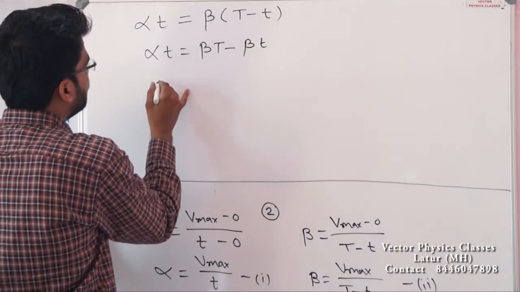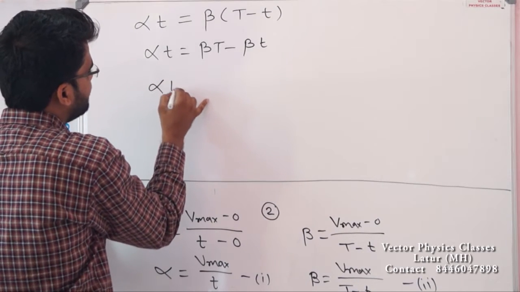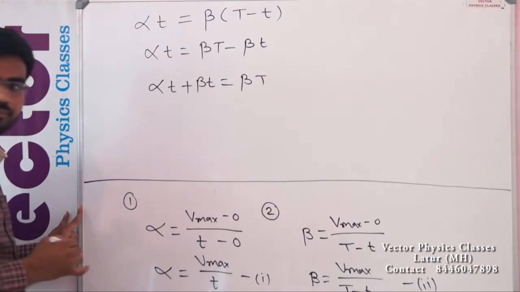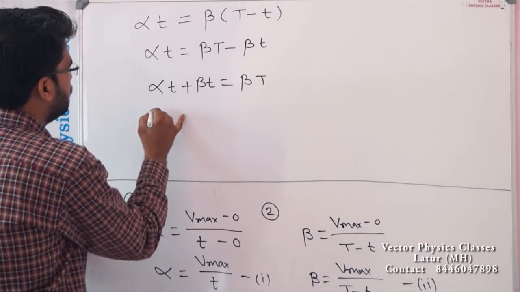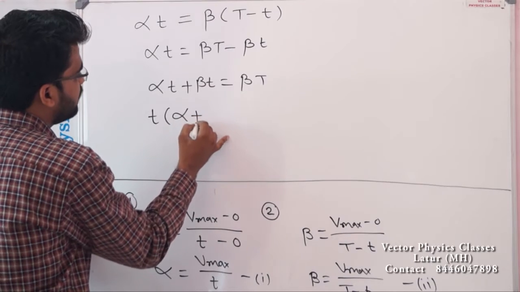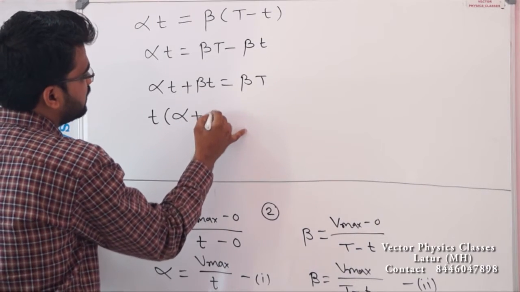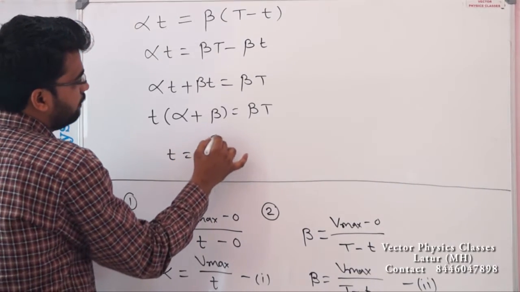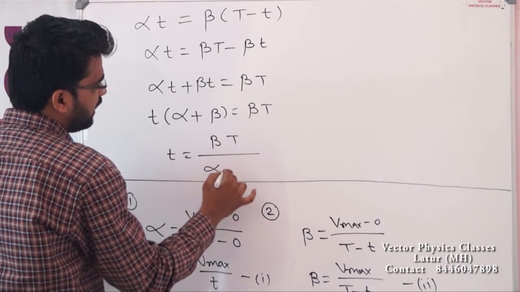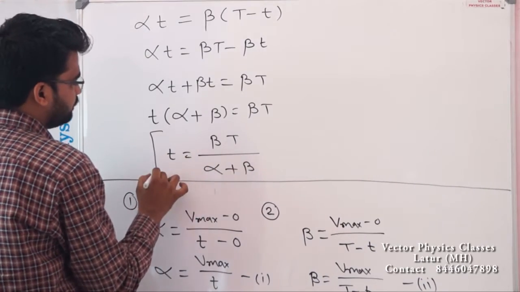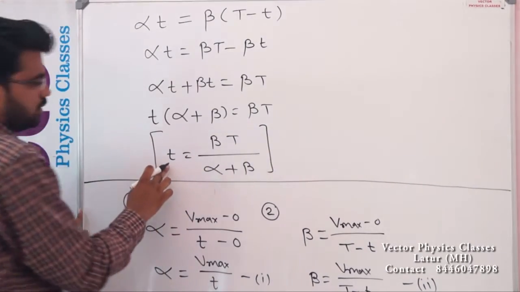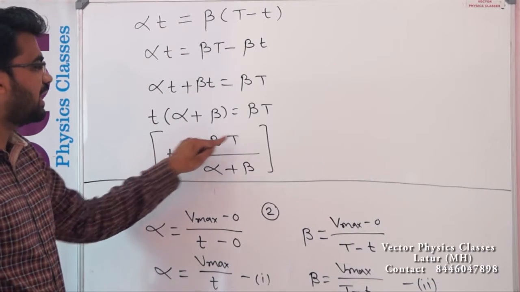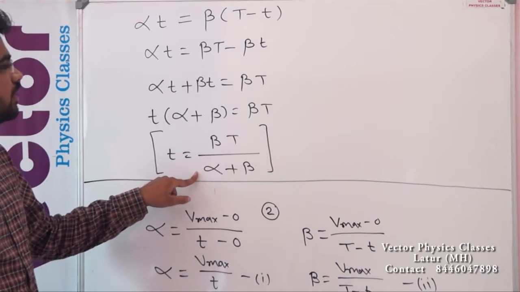So from this, alpha t plus beta t is equal to beta capital T. Taking t common, t in bracket alpha plus beta is equal to beta capital T, and we'll get t as beta capital T divided by alpha plus beta, right? So this is the time interval, small t.